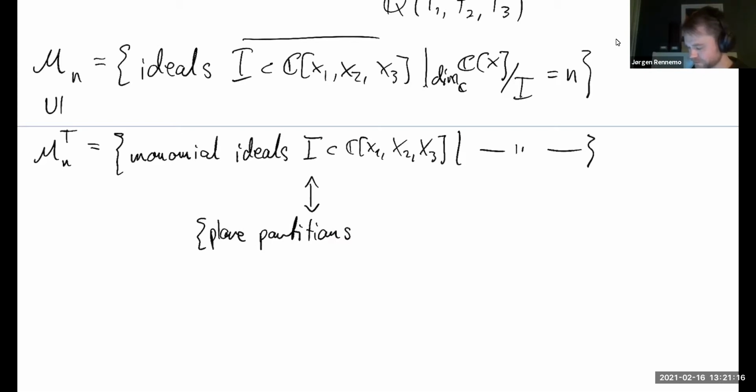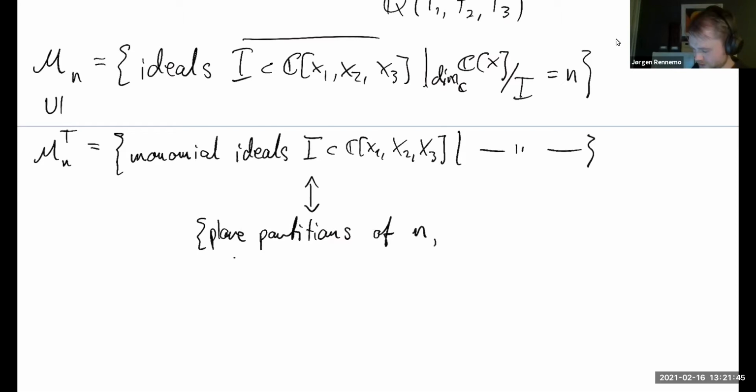So plane partitions of n. Just to give the formal definition, it's a subset of the positive orthant in the integer 3D lattice of size equal to n.